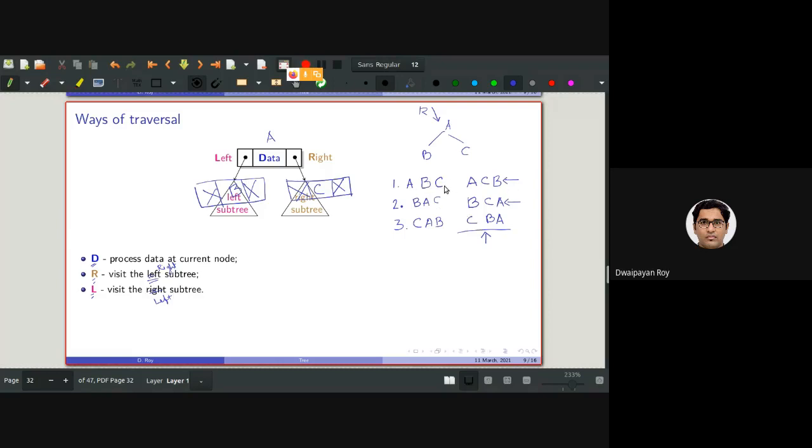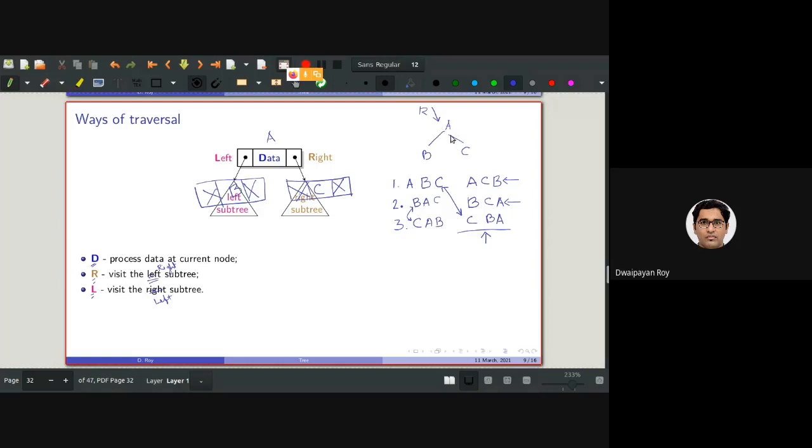ABC and CBA are kind of similar, and I'll tell you why. And BAC and CAB are kind of similar. Of course, as you were saying, ABC is a way, BAC is another way, but CAB is kind of similar to BAC. So let me tell you why I'm saying this.